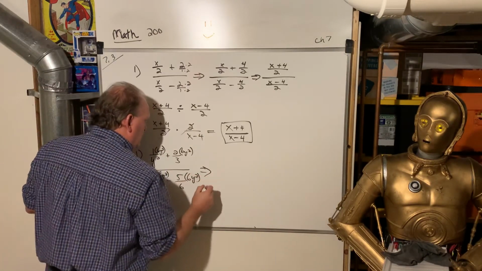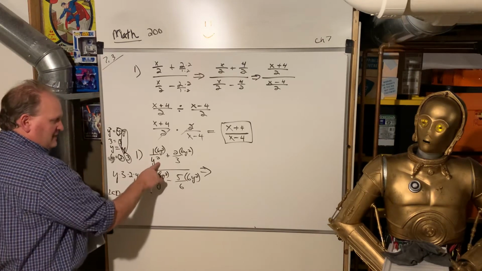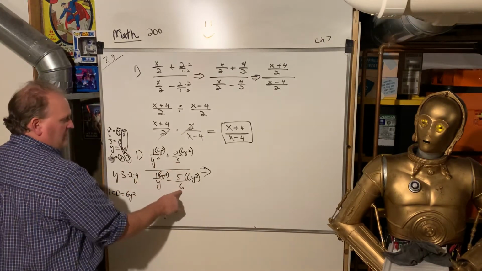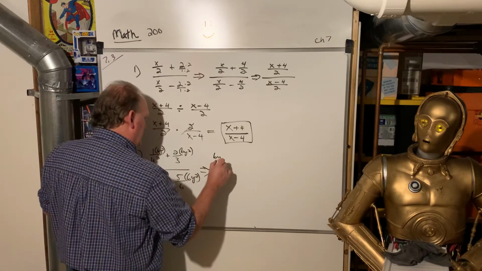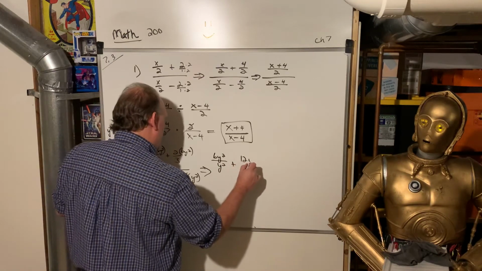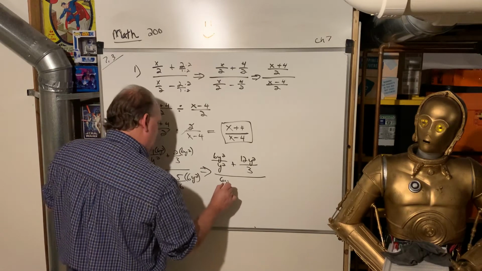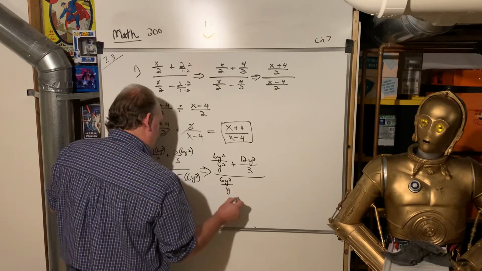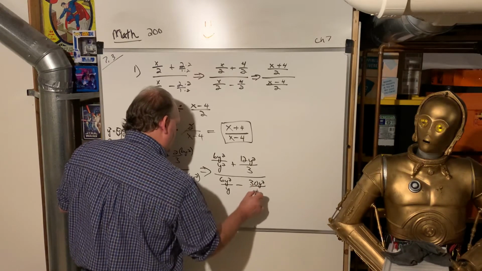So now think about what we did. We found the lowest common denominator. That means this will go into it, this will go into it, that will go into it, and that will go into it. And we multiplied it on the top. So we end up with 6y squared over y squared. We end up with 12y squared over 3. We end up with 6y squared over y. And we end up with 30y squared over 6.